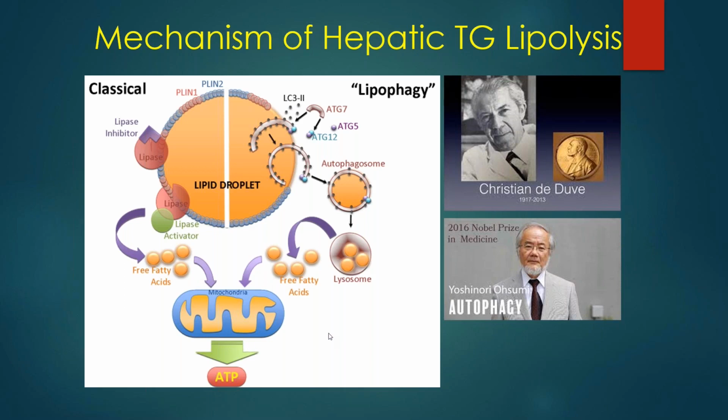However, in 2009 there was a discovery that apart from this classical pathway, there's a process known as autophagy, which involves the formation of structures known as autophagosomes. Autophagosomes are double membrane structures which chew up other macromolecules, like mitochondria, and glycogen breakdown is also done by autophagy. But before 2009, nobody knew about autophagy as a degrading mechanism for lipids.